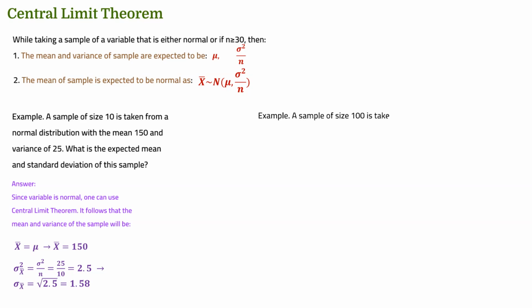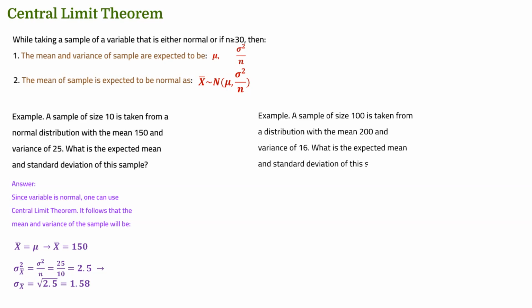Here's another example. A sample of size 100 is taken from a distribution with the mean 200 and variance of 16. What is the expected mean and standard deviation of this sample? Answer: since sample size is 100, greater than 30, one can use the central limit theorem.